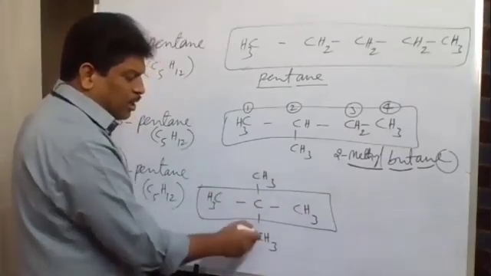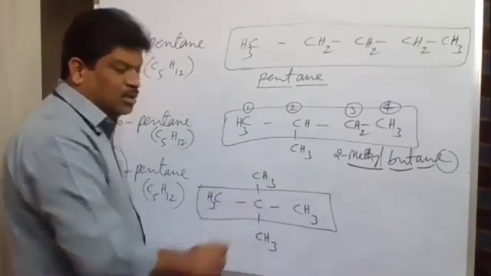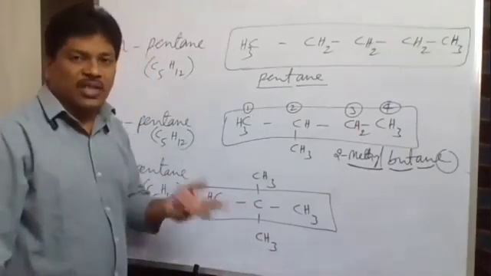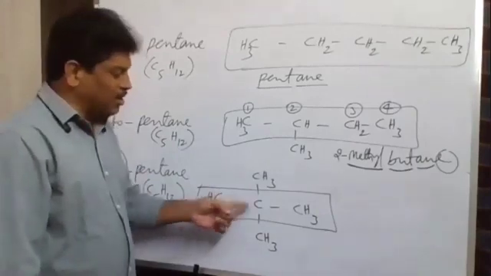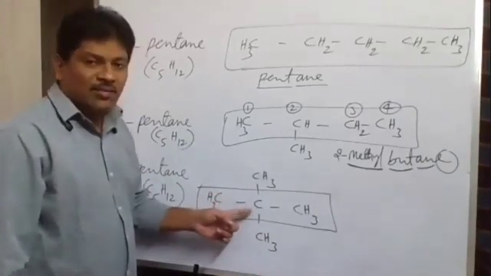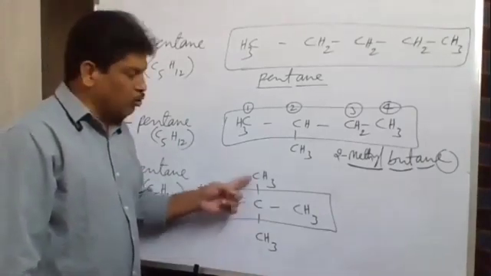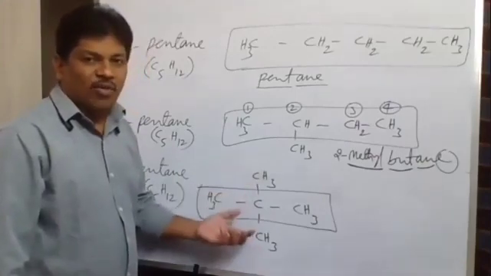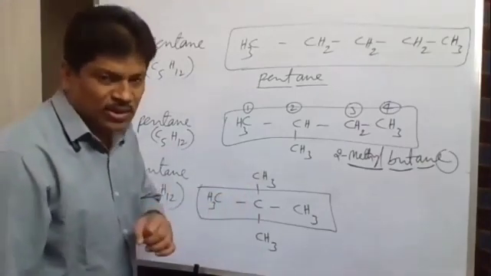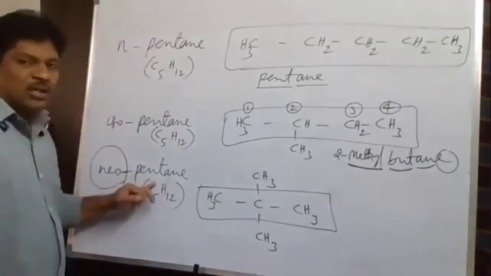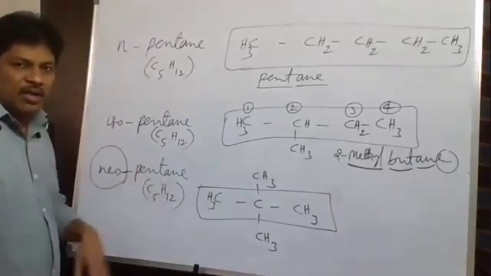If the second last carbon bears 2 methyl branches on it, we say neo. The word neo is used as a prefix before the common name.